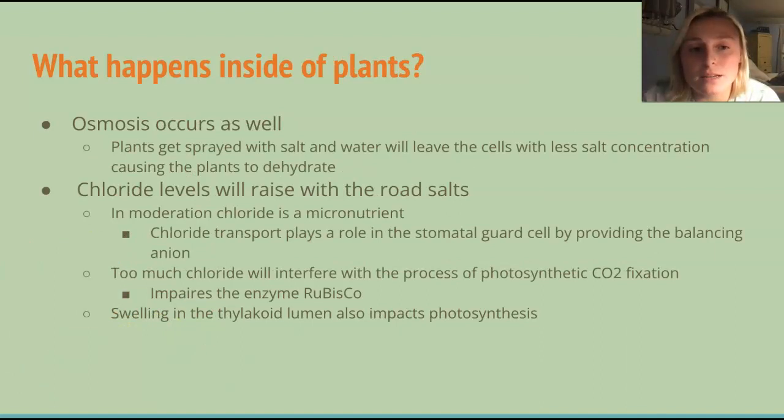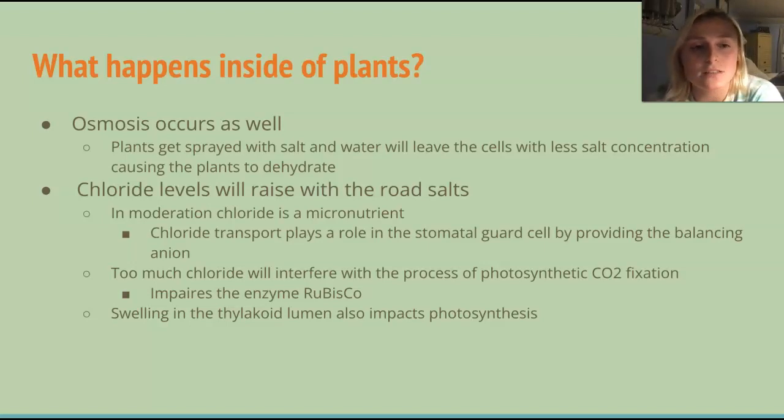Plants, same thing happens. They get sprayed with salt when cars pass by, or the runoff water, etc. But more specifically in plants, chloride is kind of a bigger issue because chloride in moderation is a micronutrient that plays a big role in the stomatal guard cell by providing balance anions.